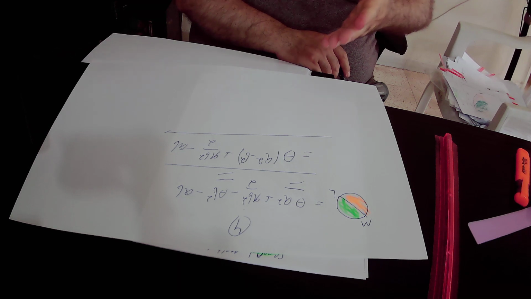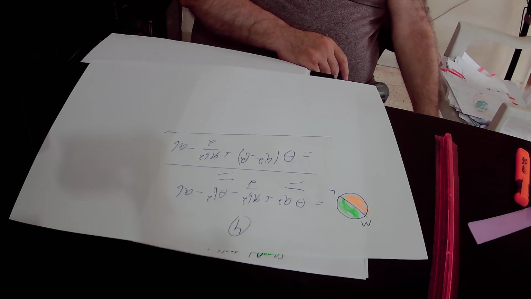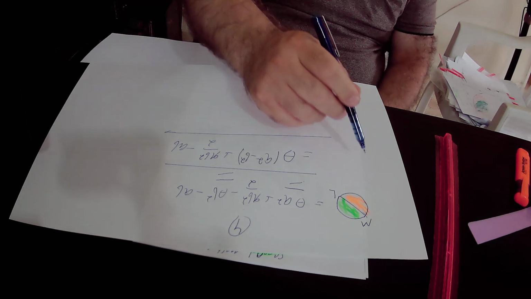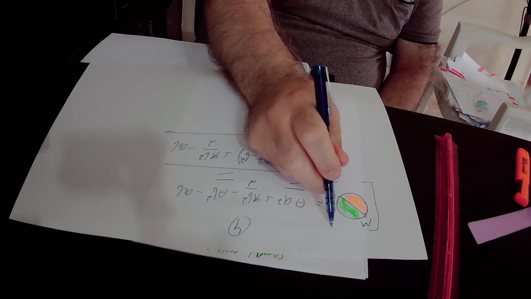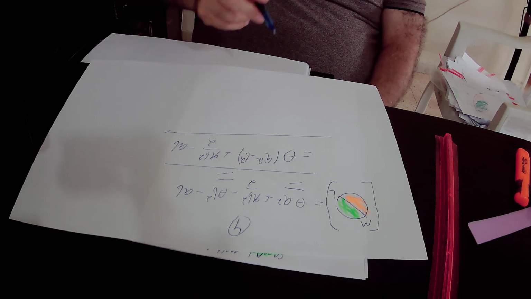Actually we want to eliminate theta because we want the only variables in this formula for the area of a lens to be only the radii of the two shapes that intersect with each other and create the lens.